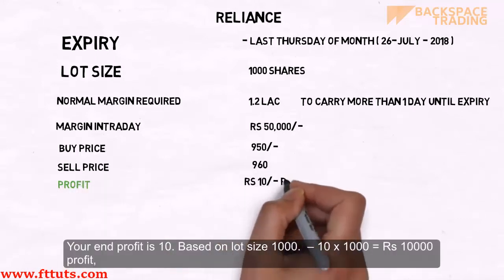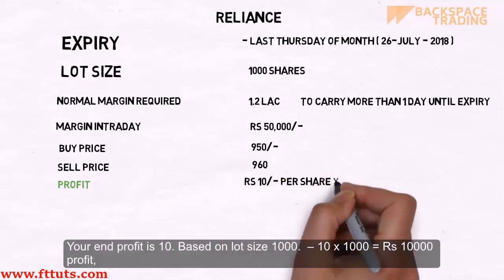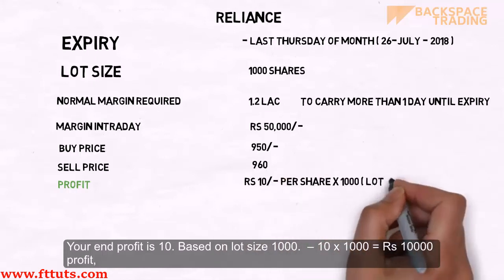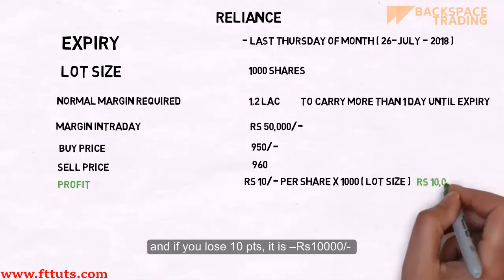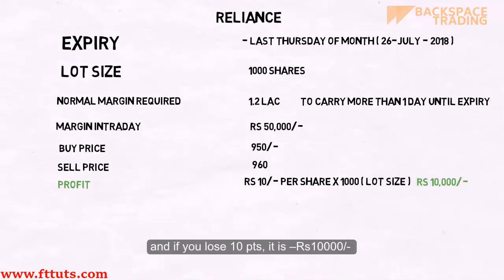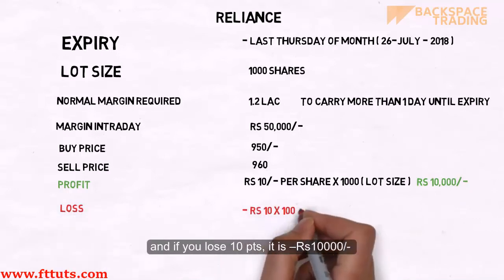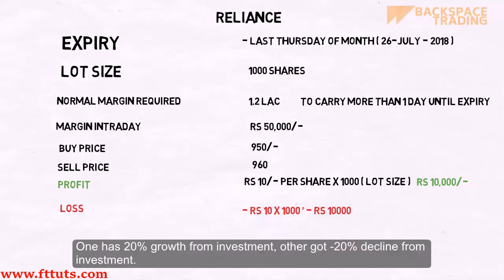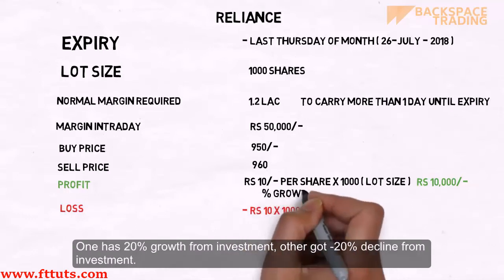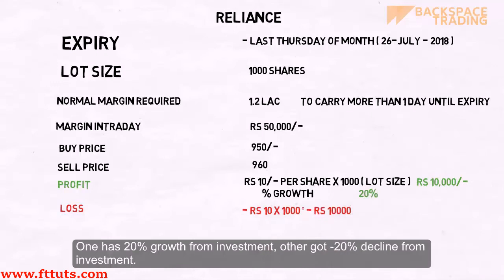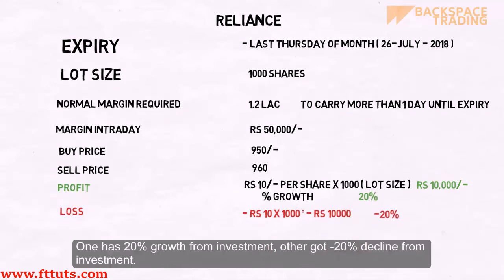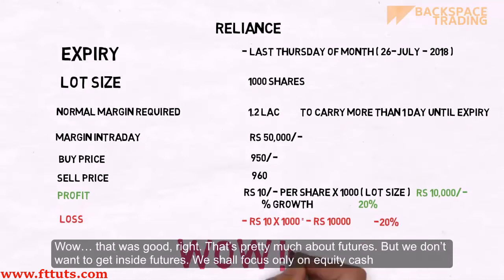So based on your lot size, that is 1000, 10 multiplied by 1000 gives rupees 10,000 profit. Now the other way, if you lose 10 points, it is rupees 10,000 minus. Okay, so one has a growth of 20% on the investment and the other has a 20% decline. See, wow, that was good, right?